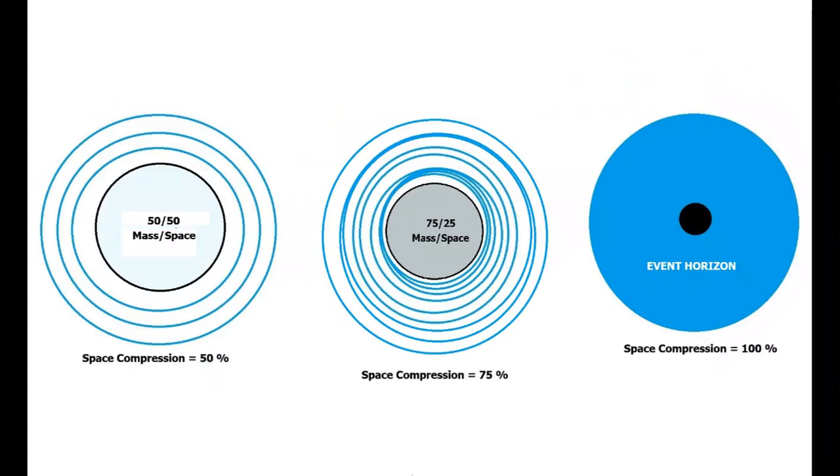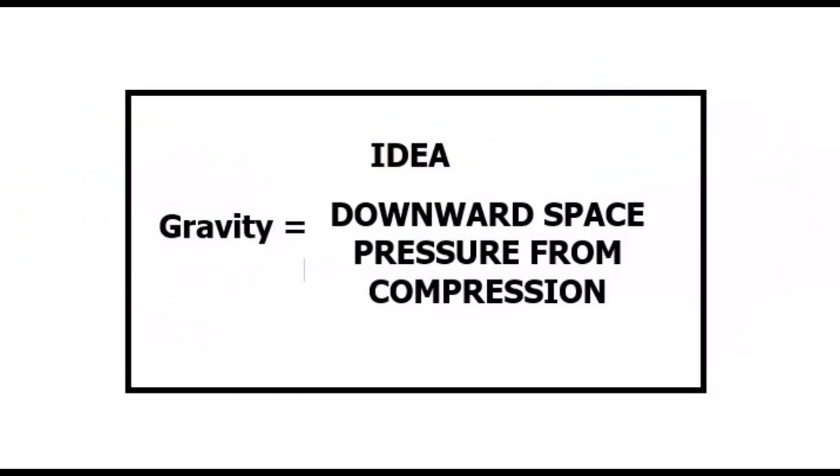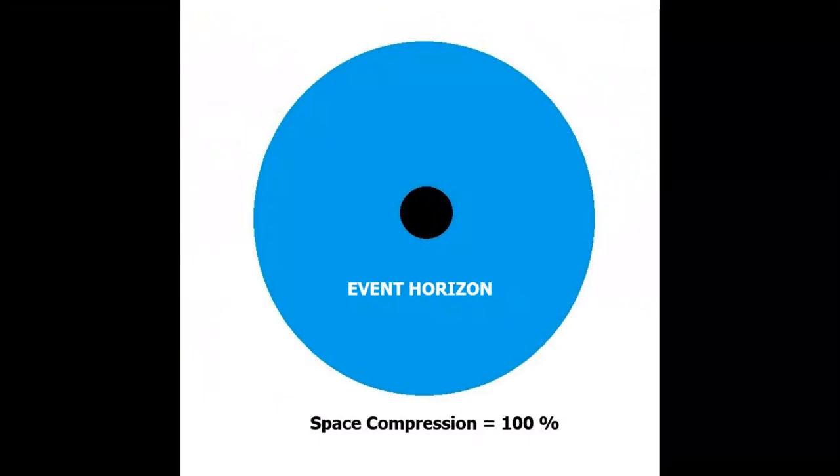Let's think about that. Idea: gravity equals downward space pressure from compression. Okay, so we've arrived at our black hole. We have the singularity in the center. That is an area of 100% density, 100% mass, and very, very little volume. And surrounding it, the blue area represents the event horizon.